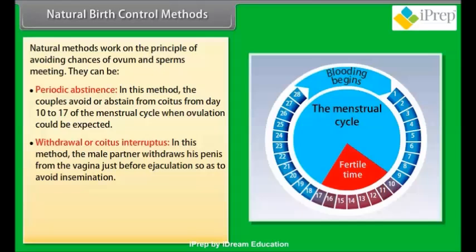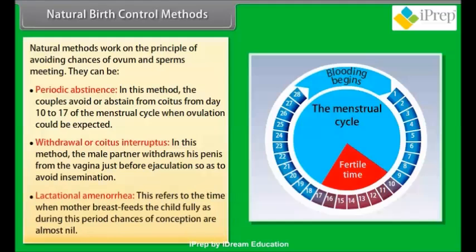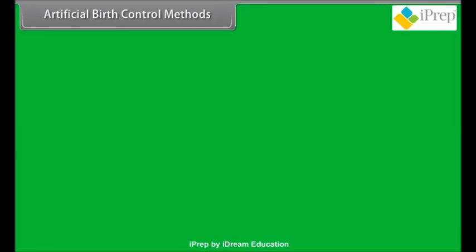In this method, the male partner withdraws his penis from the vagina just before ejaculation so as to avoid insemination. Lactational amenorrhea. This refers to the time when mother breastfeeds the child fully, as during this period chances of conception are almost nil.